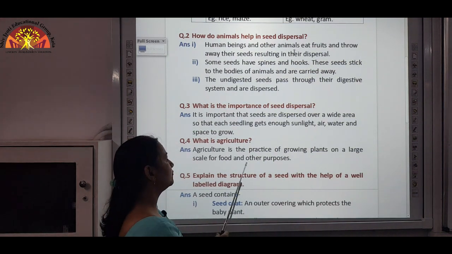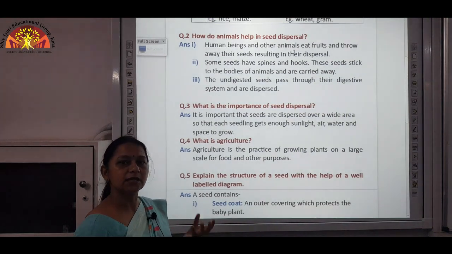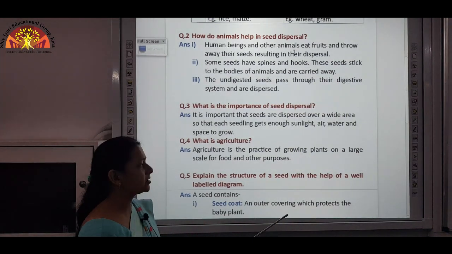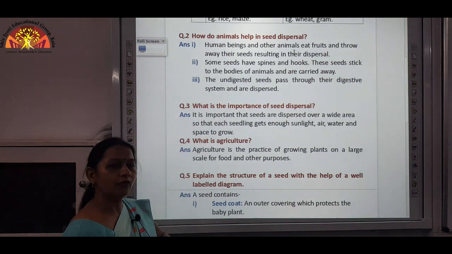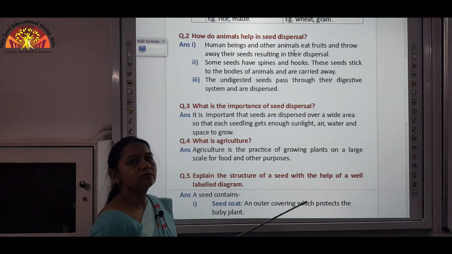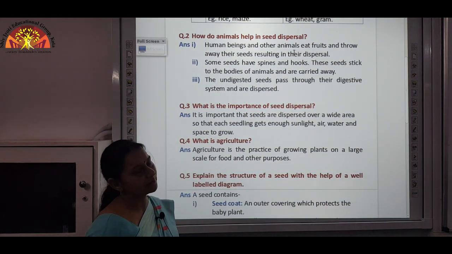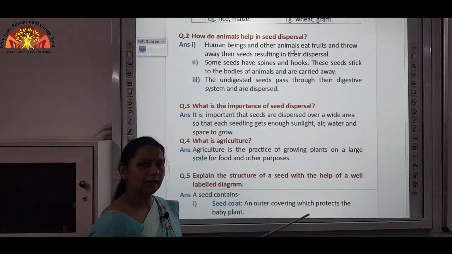So, agriculture is the practice of growing plants on a large scale. They are grown over large fields to get food or for other purposes, may it be medicinal purposes or to get some herbs, anything.